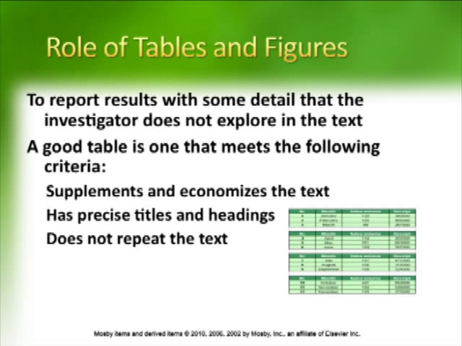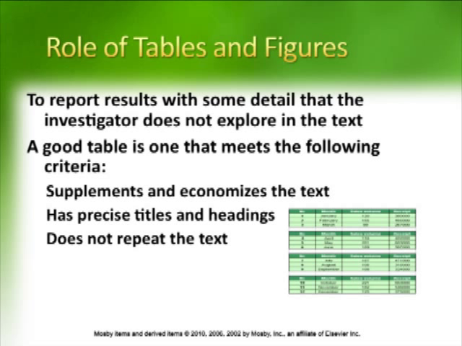Now, there are a lot of tables and figures usually found in the results section, especially under analysis. It should provide you with a snapshot or an easy way to interpret what was important in those findings.